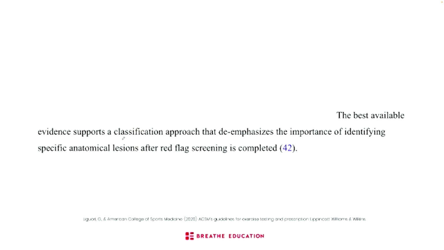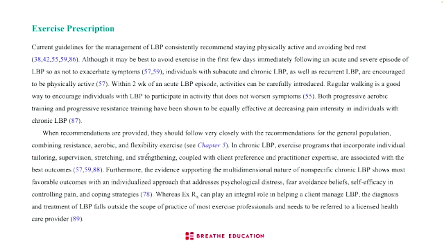We need to rule out those things, but those are the quote specific causes of low back pain. But once we've ruled out those red flags, the best available evidence supports a classification approach that de-emphasizes the importance of identifying specific anatomical lesions. So don't talk about the spondylolisthesis, just talk about the symptoms and the function, because that's what people are interested in. And the evidence that we have suggests that's more effective.